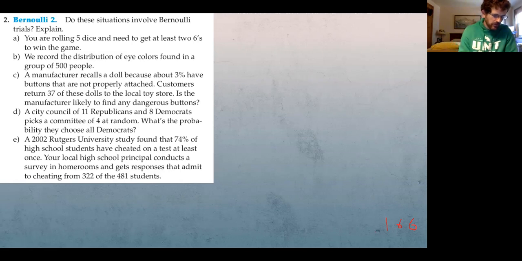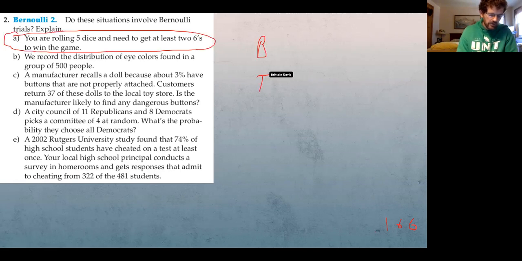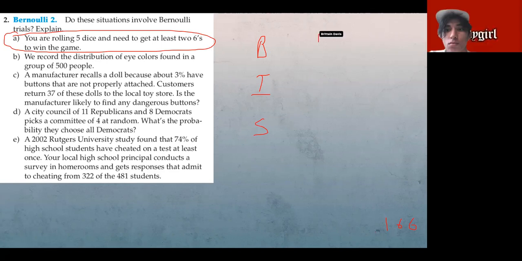So let's just look at A real quick and try and answer that. You're rolling 5 dice and you need to get at least 2 6s to win the game. Is it binary? Yeah. Okay, what is a success?